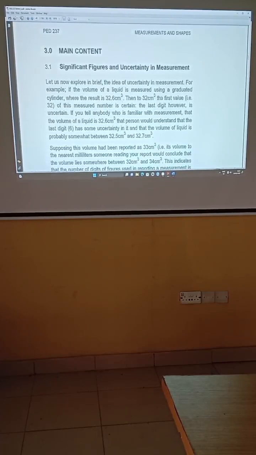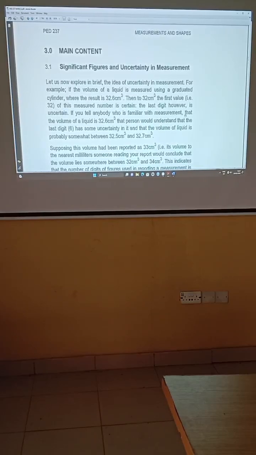For example, if the volume of a liquid is measured using a graduated cylinder, where the result is 32.6 cm3, then 32, which is the first value of this measurement, is certain.